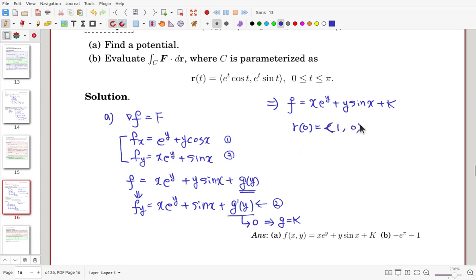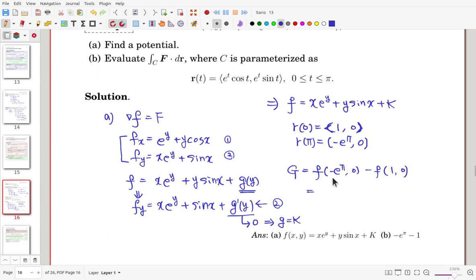And then R(pi): e to the pi, cosine pi is minus 1, so the first value is minus e to the pi, and sine pi is 0. Okay, so the given integral must be F(-e^pi, 0) minus F(1, 0), right?